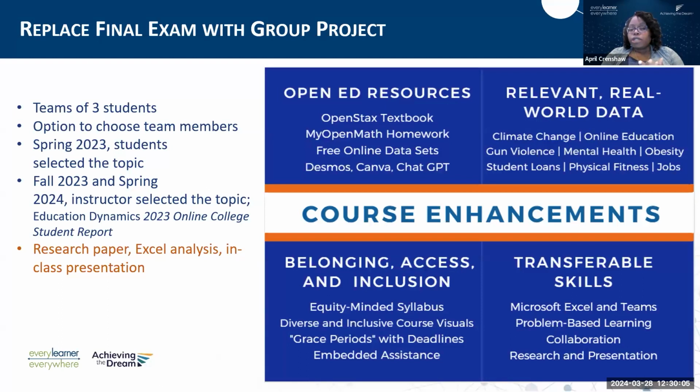And we were going to make sure our students had transferable skills when they left the course. Skills that were not just unique to being in an intro stats math course, but skills that they could take to other courses, skills that they could take to their job. And so we did that by introducing Canva to students, introducing ChatGPT, showing them how to work with real data sets. Some of them were from the local health department.